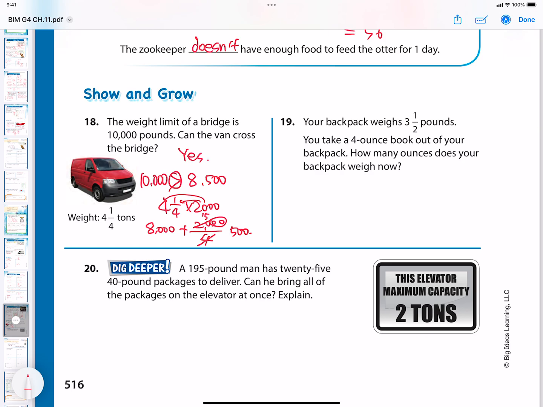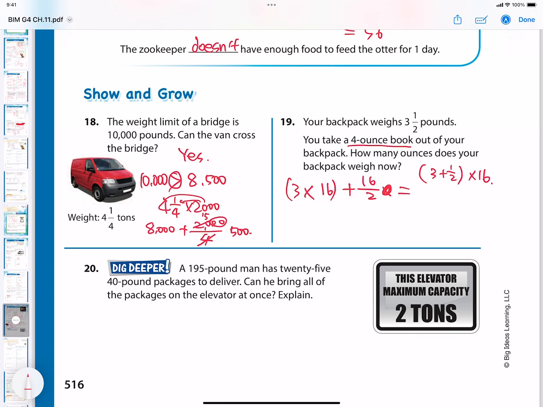Now your backpack weighs 3.5 pounds. You take a 4 ounce book out of your backpack. How many ounces does your backpack weigh now? All right. So your backpack weighs what? 3.5 pounds. I'm gonna convert that into what? Ounces. So pounds to ounces, you need to multiply by 16. Remember, 3 plus a half, right?